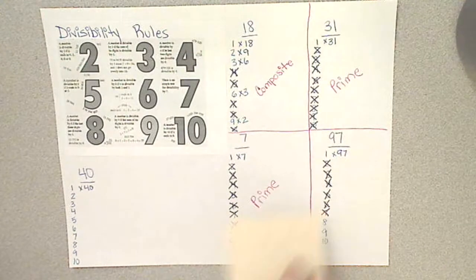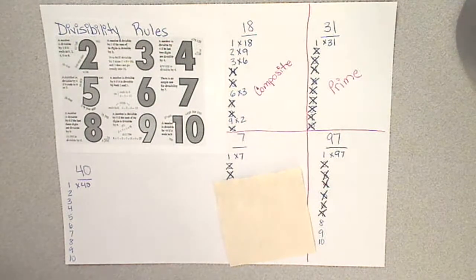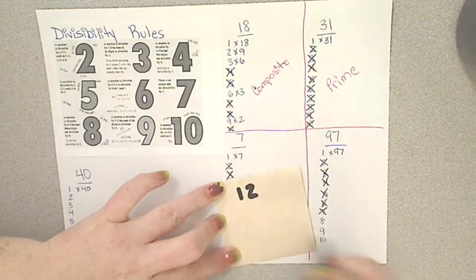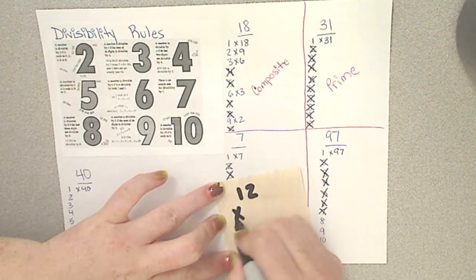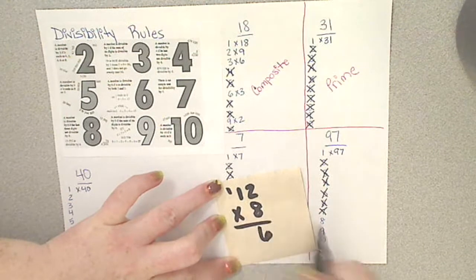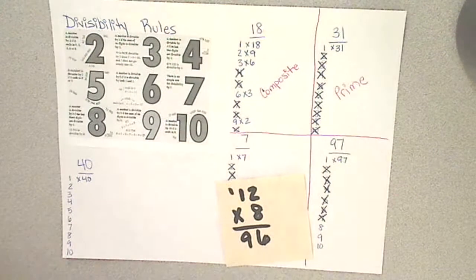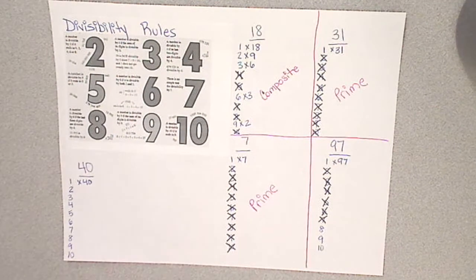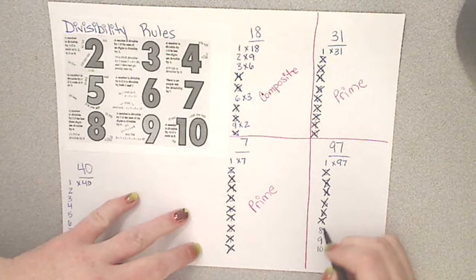Work it out. So I'm going to take my little chart here because I know multiplication. I can do 12 times 8. 2 times 8 is 16. 1 times 8 is 8 plus 1 is 9. I thought it was 96, but my brain just wasn't cooperating. So 96 is not going to work. And which means if I'm adding in another 8 there, it's not going to fit. So 8 is obviously not a factor.